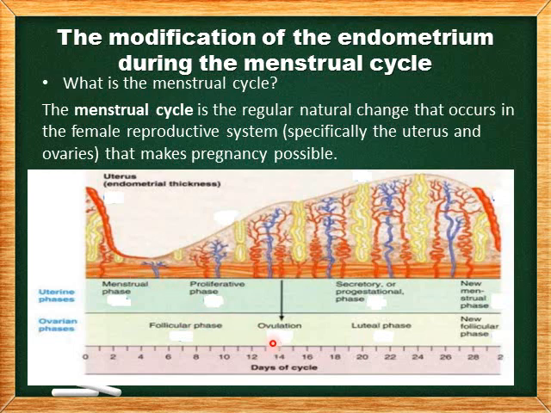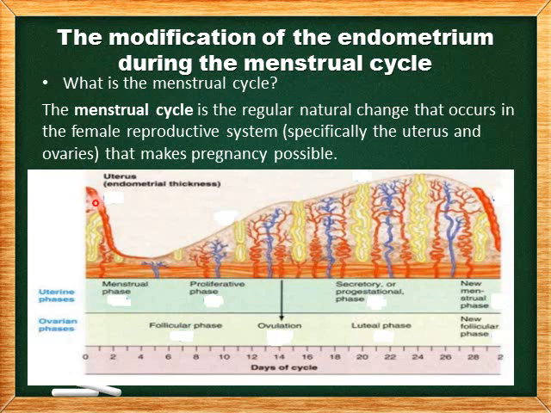Before ovulation, we have to talk about two phases in the endometrial cycle. The first phase is the menstrual phase. What do we mean by menstrual phase? The menstrual phase is characterized by menstruation, which is bleeding. So the female can recognize the first day of her cycle by the first day of bleeding, the first day of menstruation.